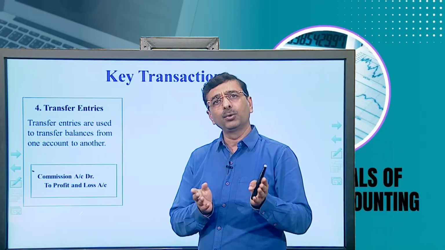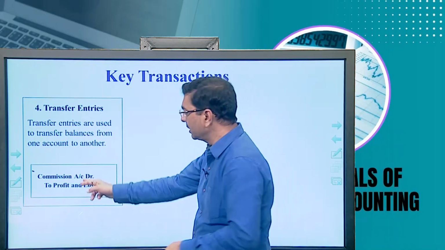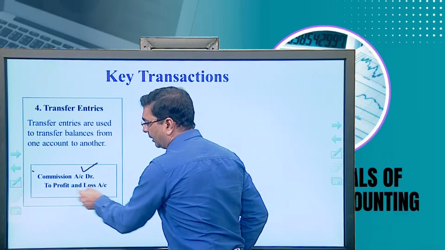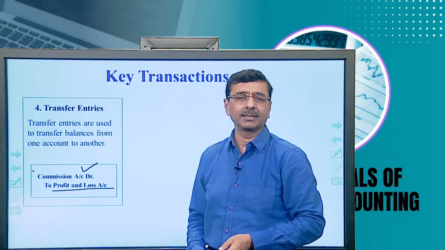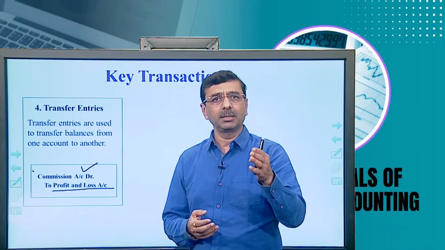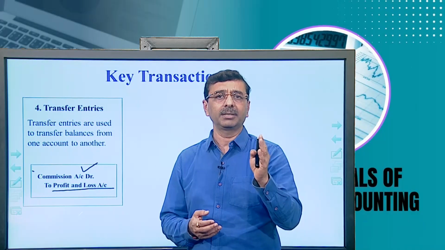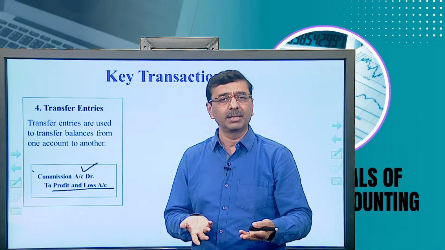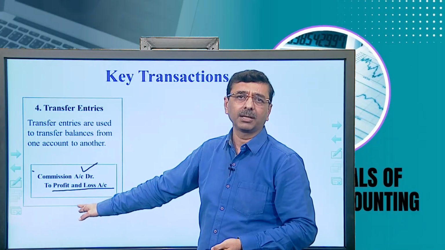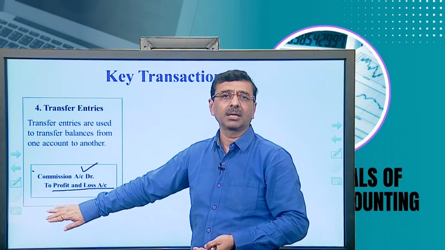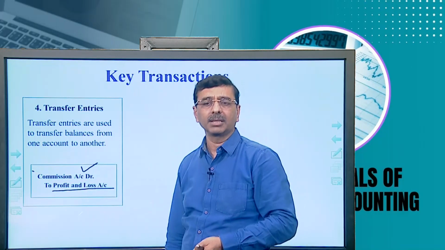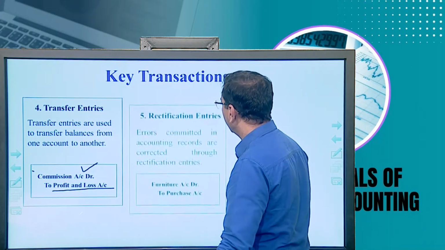But now we are closing the commission account, so the commission account is debited and it is transferred to the profit and loss account, credit side, because it is your income. That's why the profit and loss account is credited, and the commission account is closed, so the commission account is debited.